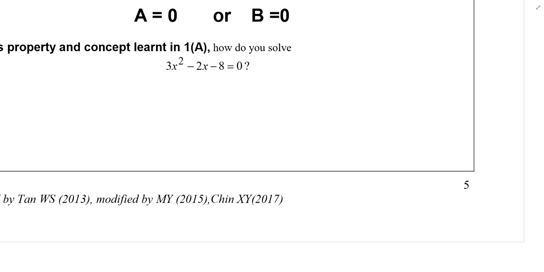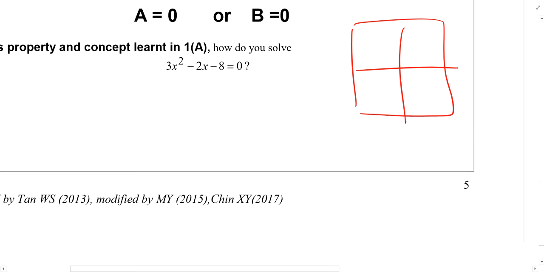Factorize. Can you help me with the factorization? Aiman, factorize. What should I write? You do the box one. You mean like this? Okay, then what do I write? 3x squared.